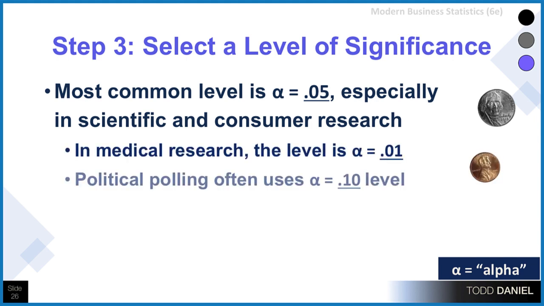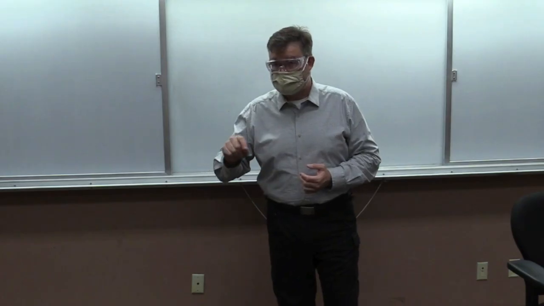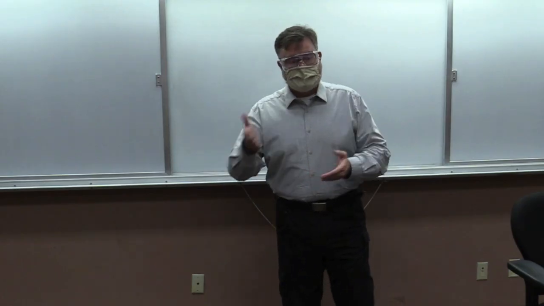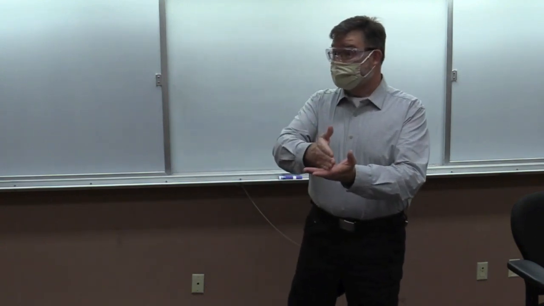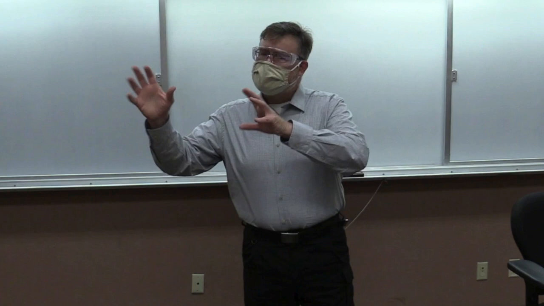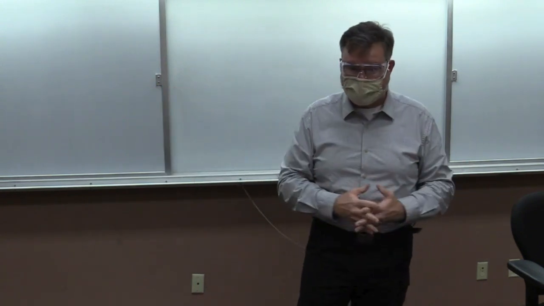If we were doing medical research, we're going to see a lot of 0.01 levels of significance, because in medical research, the costs are higher in terms of the cost of making a mistake, of saying this drug works when in fact it doesn't work. This vaccine is effective when in fact it is not. So we're going to use a tighter, more restrictive level of significance, maybe a 0.01.